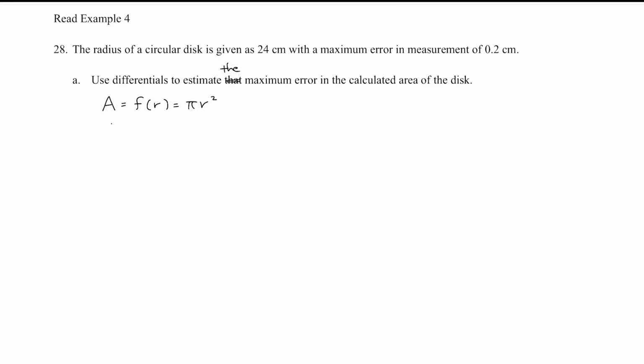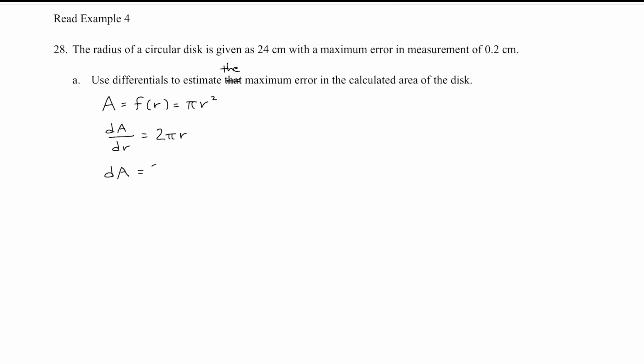So the area for a circular disk is a function of the radius. That would be pi r squared. And the rate of change in area with respect to the radius is 2 pi r. Just using my shortcut rules, remember that pi is a constant, r is the variable here.